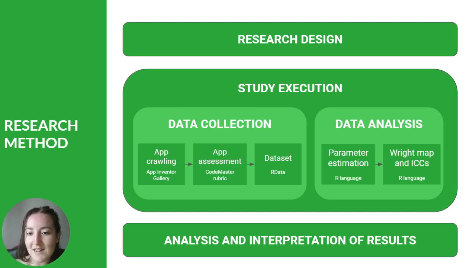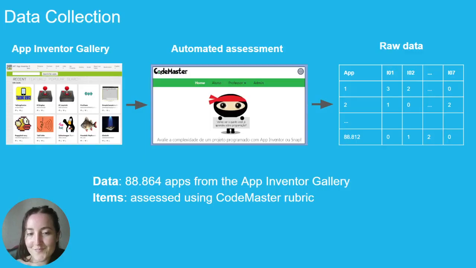This got us a dataset which we analyze using the R language. With this dataset, we estimated the parameters of item response theory and also plot some interesting graphs such as Wright map and item characteristic curves. Then on the last step, we analyze and interpret the results.